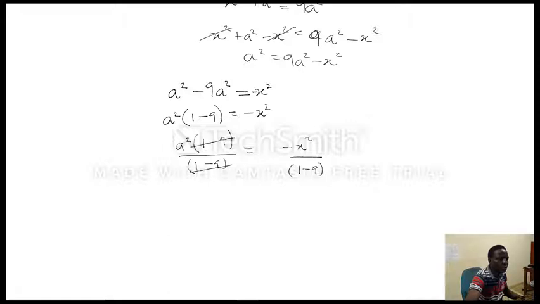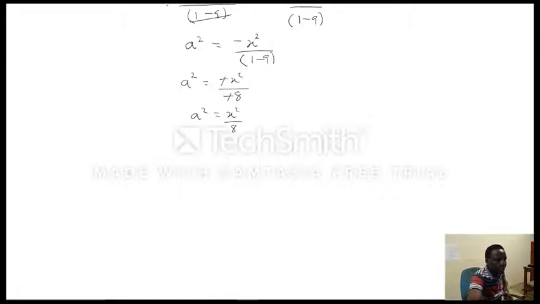This will cancel this, leaving us with a squared is equal to minus x squared over minus bracket 1 minus 9. a squared is equal to minus x squared over 1 minus 9 gives us minus 8. So that negative will cancel negative, and we have a squared to be equal to x squared over 8.